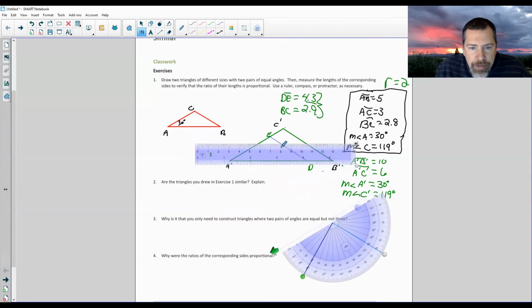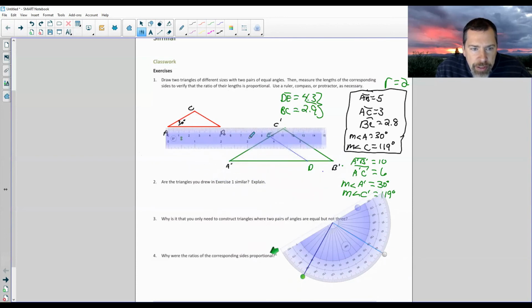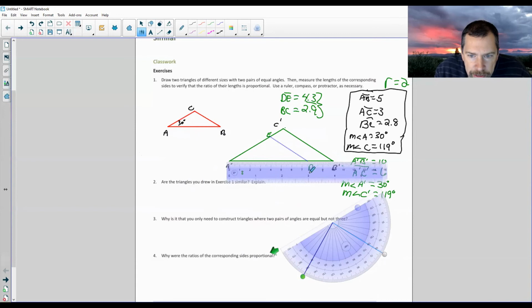So then I would have to compare another side to it. So here's AB. AB's 5. A prime D is 7.6. So 7.6 divided by 5 should come out to be that same fraction amount, pretty close.